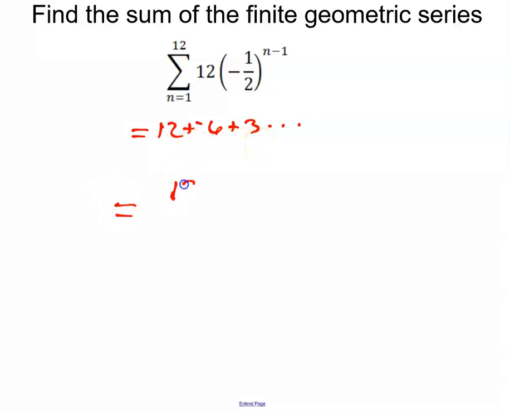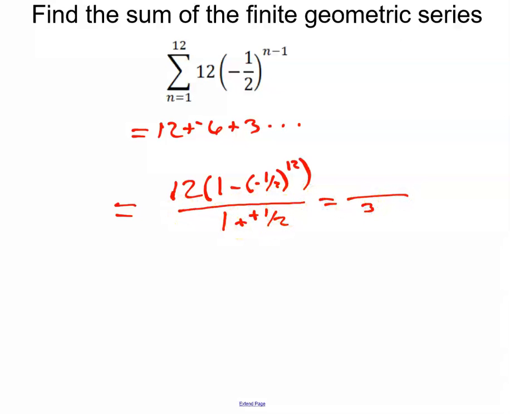So we know now it's a geometric sequence, so we can use our formula for the geometric series. First term times 1 minus negative 1/2 to the, we're adding up 12 terms, so it's the 12th power, all over 1 minus negative 1/2. That's plus 1/2. That's going to be 3 halves on the bottom. Make sure when you type this in, you put your negative 1/2 in parentheses. And we're taking it to the 12th power.